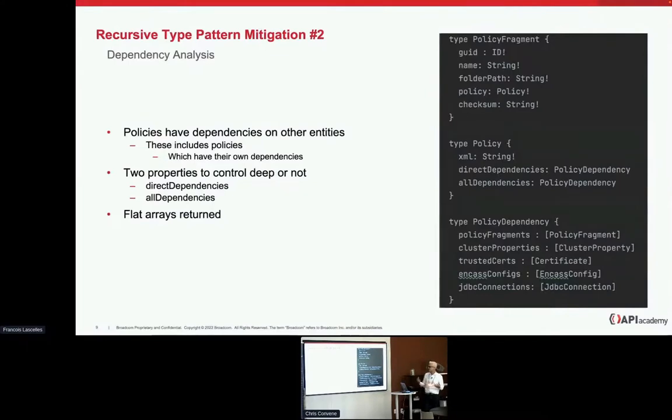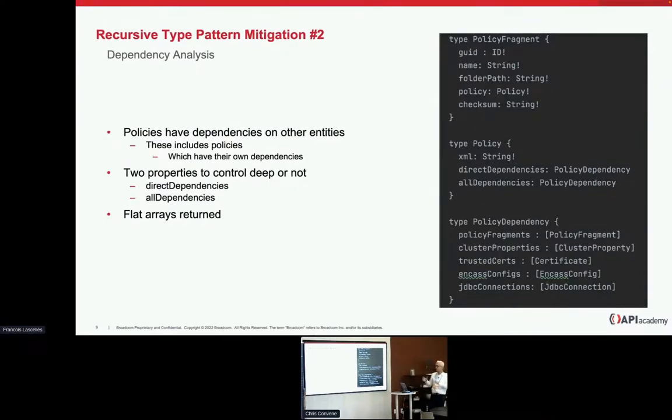Technically, I could go direct dependency, policy fragment, and get the dependency of that. If I want to get only 2 levels down, you could still do that. But now you also have a way to go all the way to infinite depth by implementing that on the server side of the API.